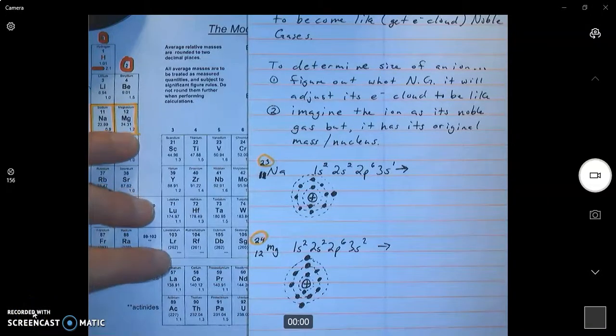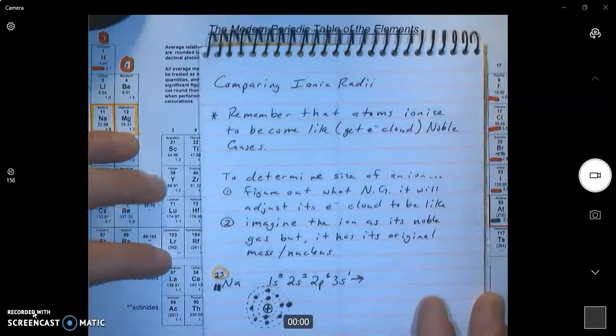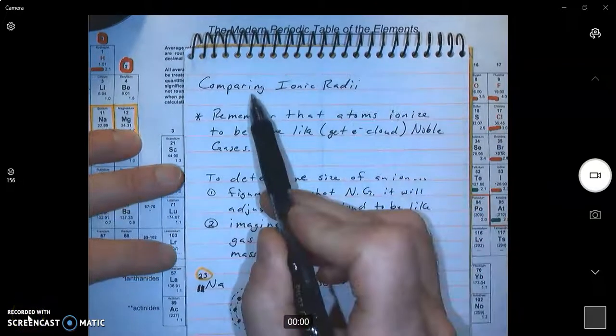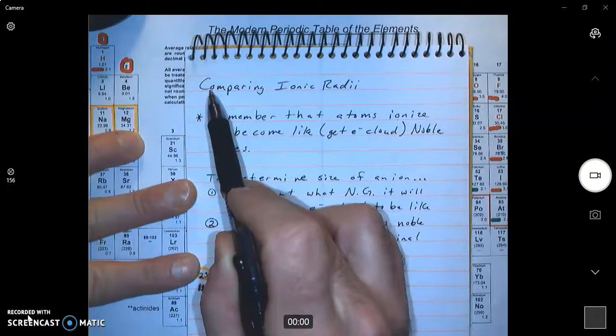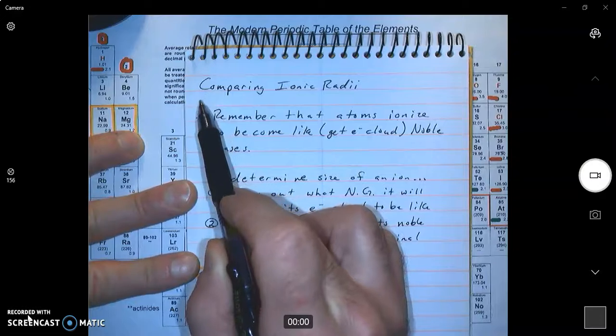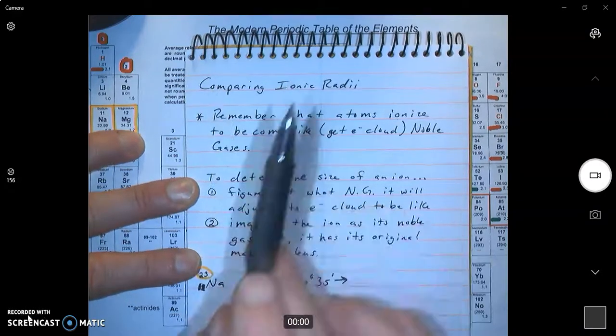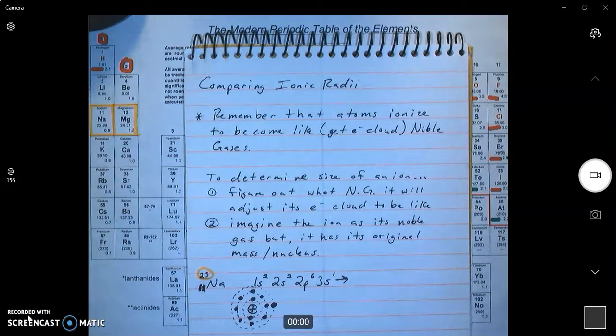All right, ladies and gentlemen, what I'd like to do is take this time to go through what I think is probably the most challenging comparison of trends that we have in this unit, and that's comparing the ionic radii. The reason that this is the most challenging of the trends is really because you have to figure out what the atom is going to look like.